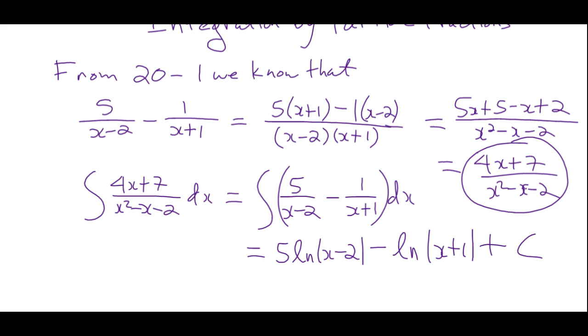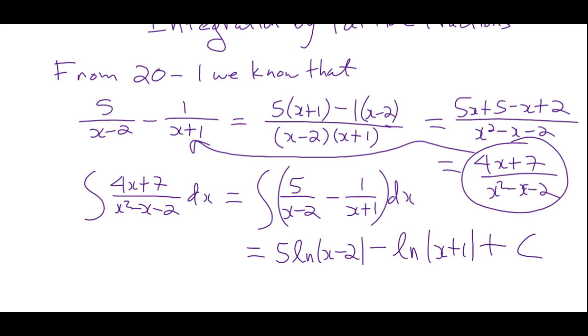We have to learn how to go from this and get it back to this. So we're going to look at how we can take an expression like this and go back to an expression like this, because that's easy to integrate. It's ln that, ln that. Boom, done.